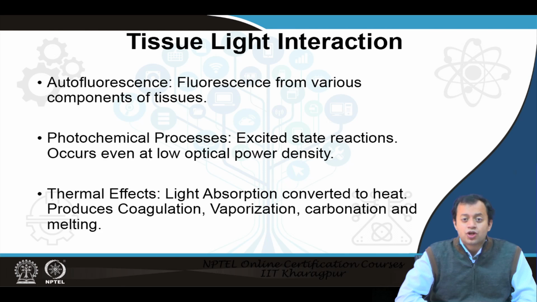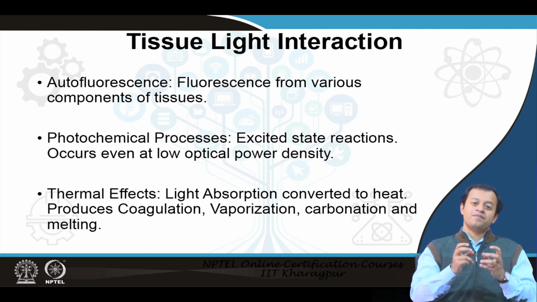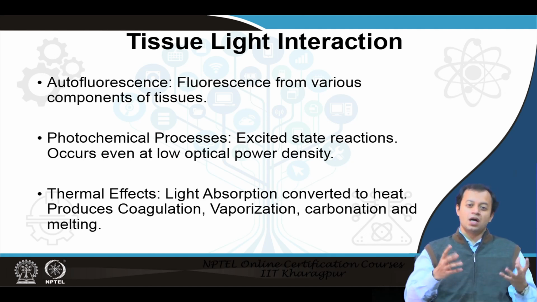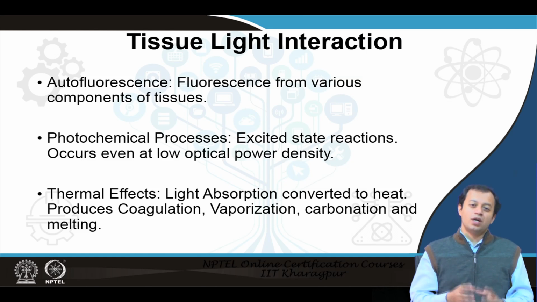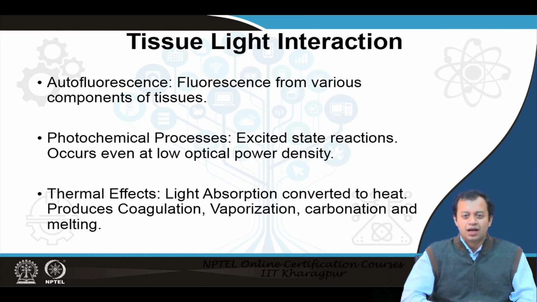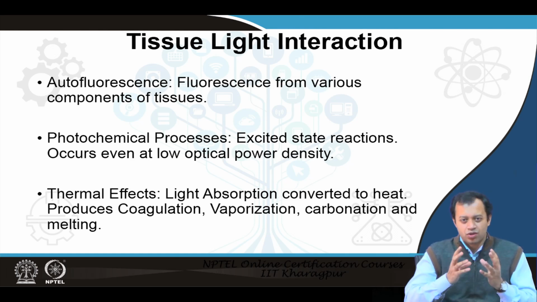So, coagulation happens at around 60 to 70 degrees Celsius, where the cell membrane ruptures, organelles come out, and basically the tissue undergoes necrosis. Necrosis, fancy term for death. Well, I won't say cell death, but the cell suffers necrosis.